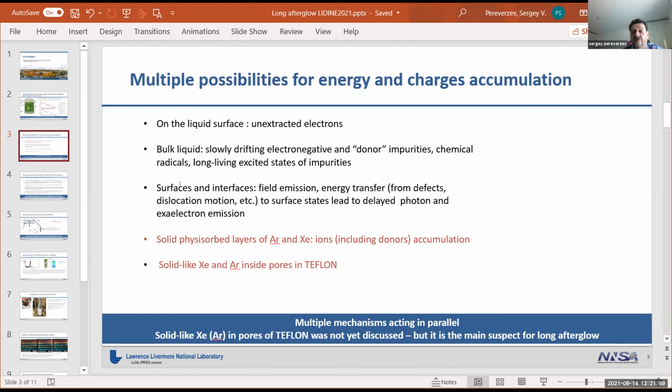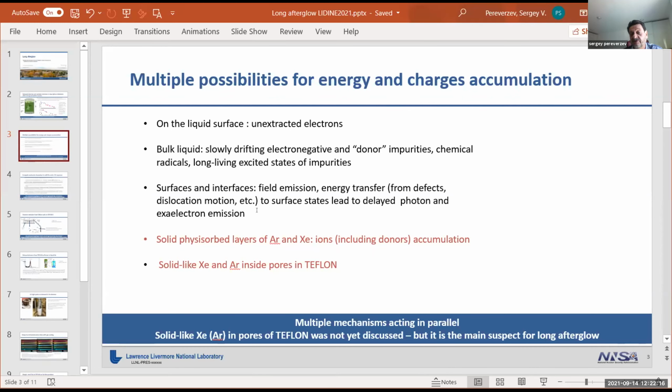There are donor impurities which can give an electron to positive ions of xenon, and then you will have positive donor ions. You can get chemical radicals and long-living excitations of impurities, etc. And all these objects chemically interact and can produce both electron and photon emission.